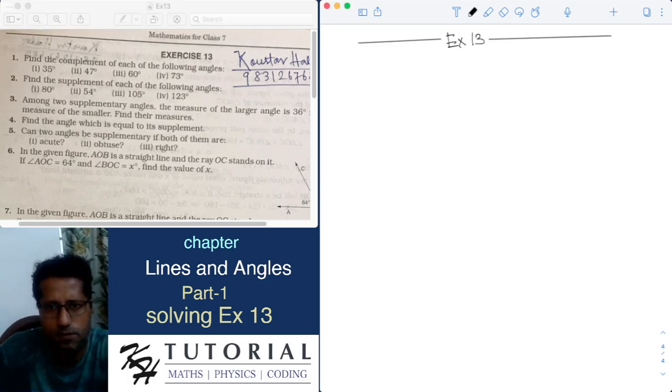The first one says: find the complement of each of the following angles.